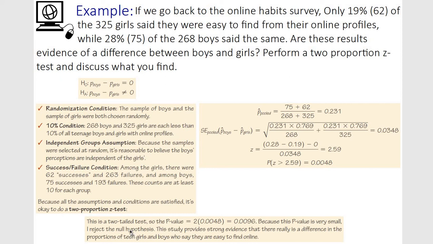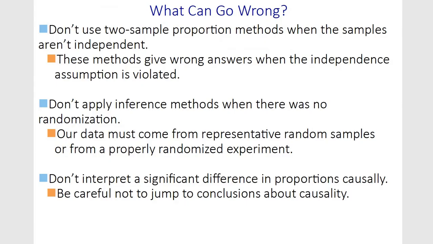Now in this example, we got less than 1%. Since that's very small, we reject the null hypothesis, so it's saying that there is a difference between the two proportions. This is what can go wrong, so please be careful. You have to make sure that the samples are independent.